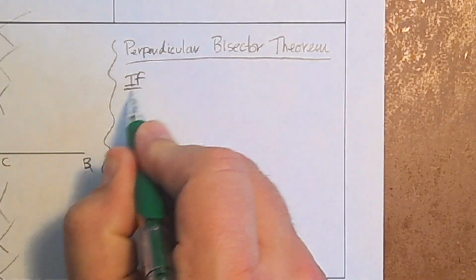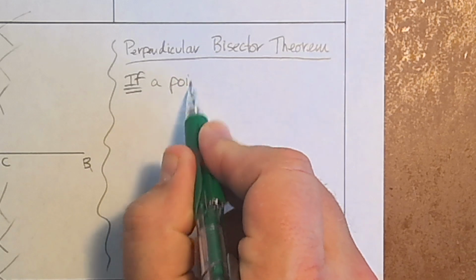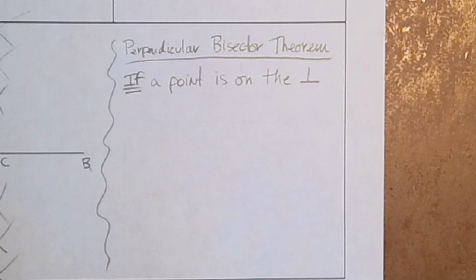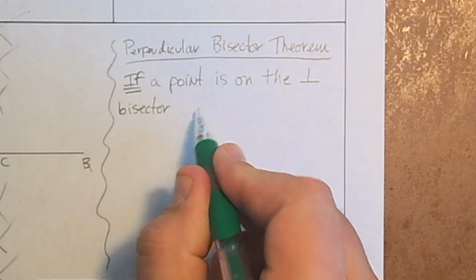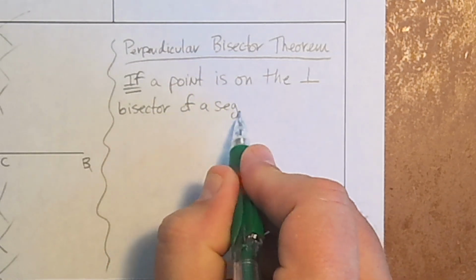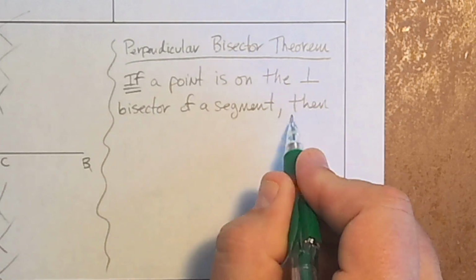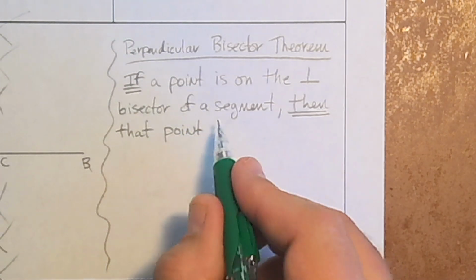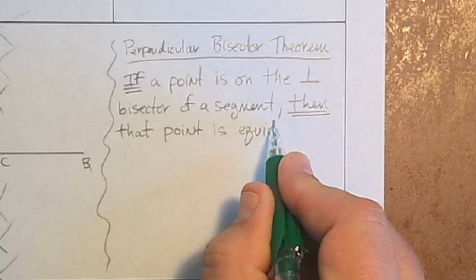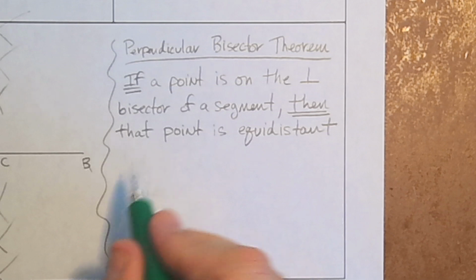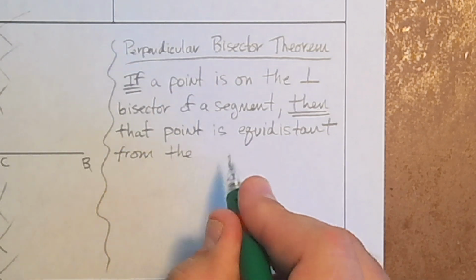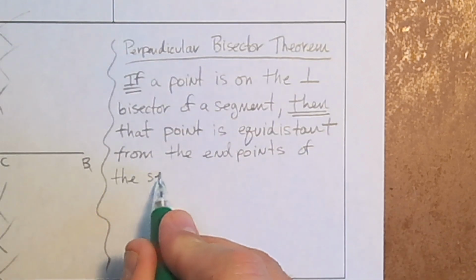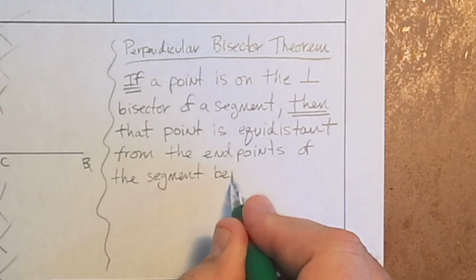We're going to say if, double underline, a point is on the perpendicular bisector of a segment, then double underline, that point is equidistant from the end points of the segment being bisected.